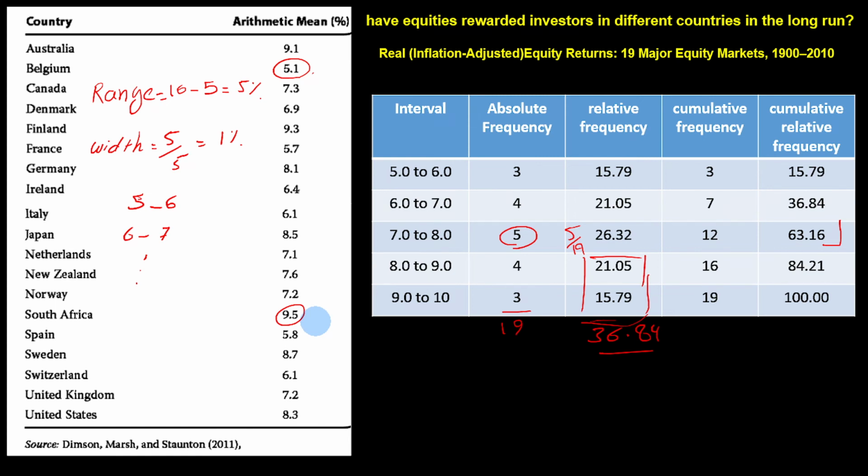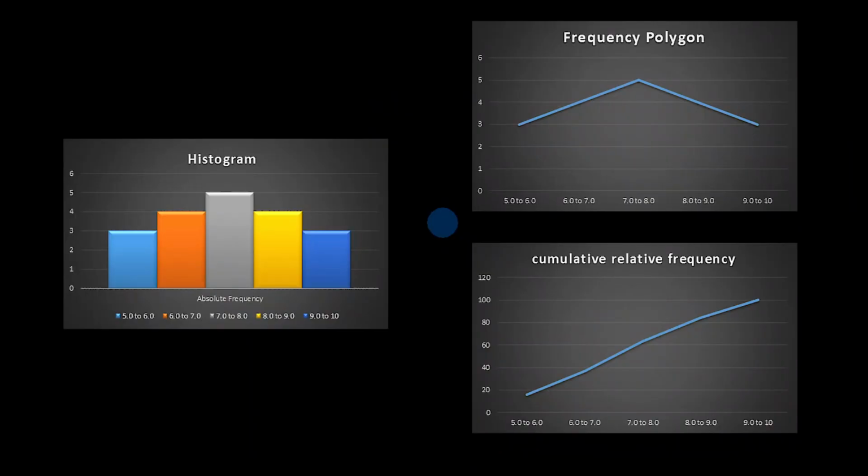Okay, now let's have a graphical representation of our table. Now, looking at the histogram, it is very obvious that this bar in our 7 to 8% interval has the most number of observations, 5. And looking at the frequency polygon also, we can see where it peaked at 5, the 7 to 8% interval.